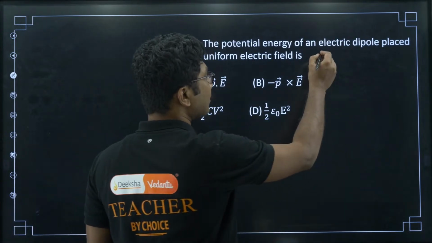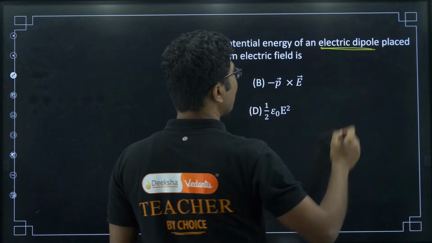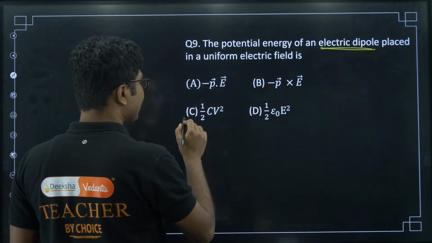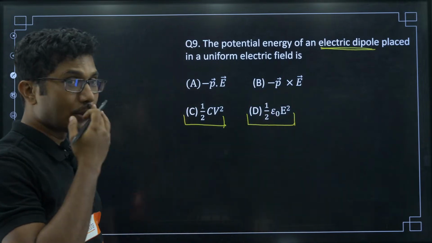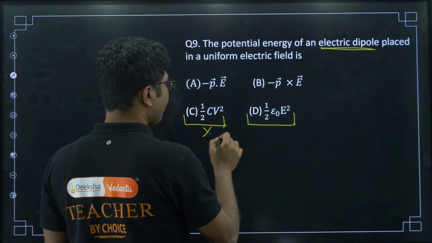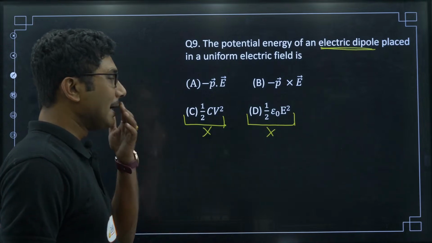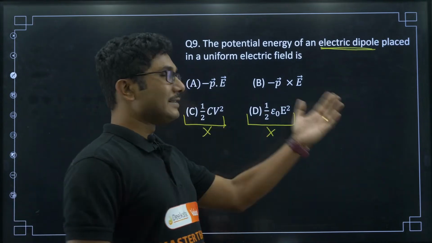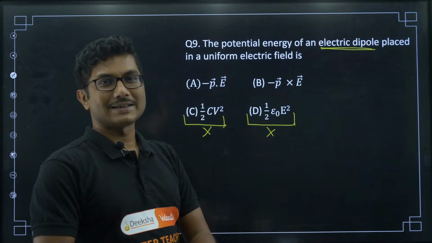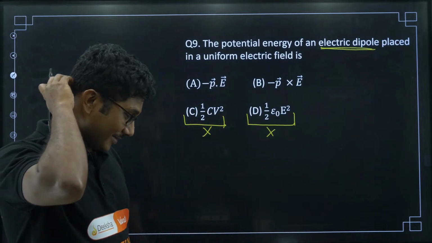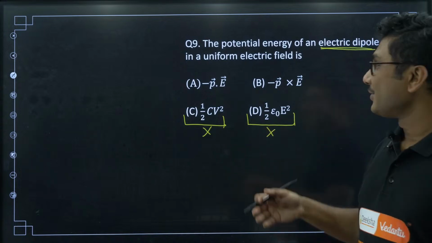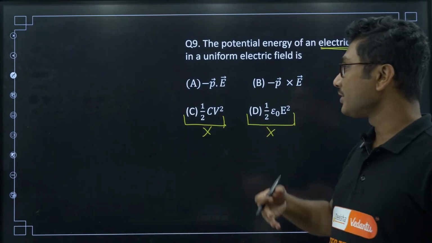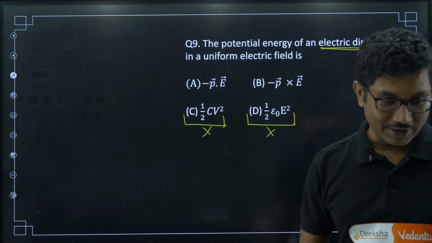Now, the question is talking about an electric dipole, but from the previous question and our previous knowledge, we already know these two options are related to a capacitor. So, these two cannot be the correct answer. So, we can simply ignore these two options. So, it is a 50% answer. In KBC they give you 50-50 options, right. I have already deleted two wrong options, you have to choose the correct answer from option A or option B.